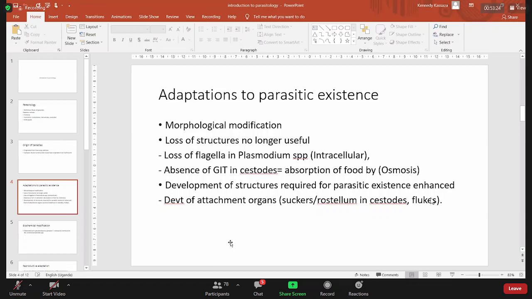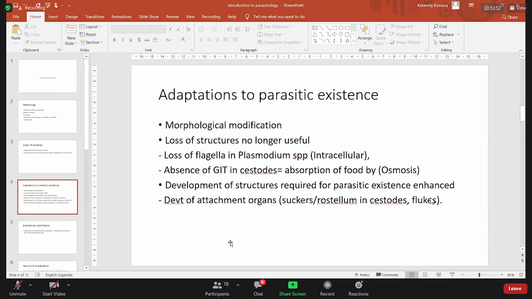And here we have an example of Plasmodium species, which lack flagella for motility, because as we know, Plasmodium are intracellular parasites, and they readily find their food within the cell. They don't have to move anywhere to look for food.